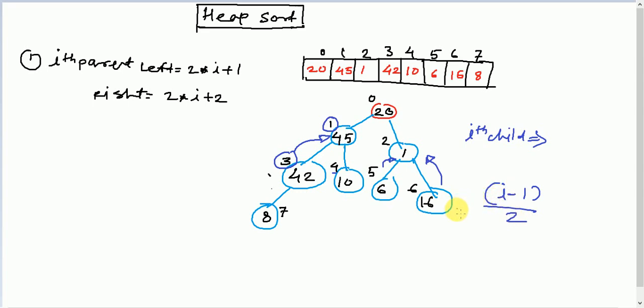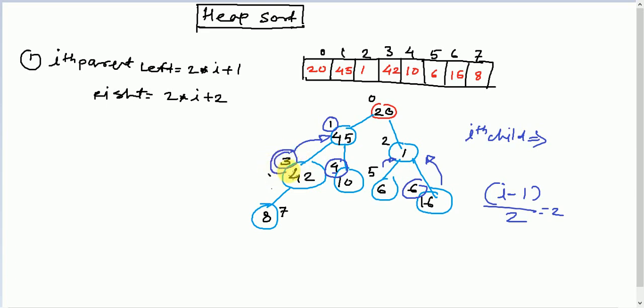Okay, you can see here also, let's say if the index is 5, the parent is at 2, so 5 minus 1 is 4, 4 divided by 2 is 2. If the index is 6, 6 minus 1 is 5, 5 divided by 2 is, taking the integer value, 2. If the child index is 4, 4 minus 1 is 3, 3 divided by 2 is 1.